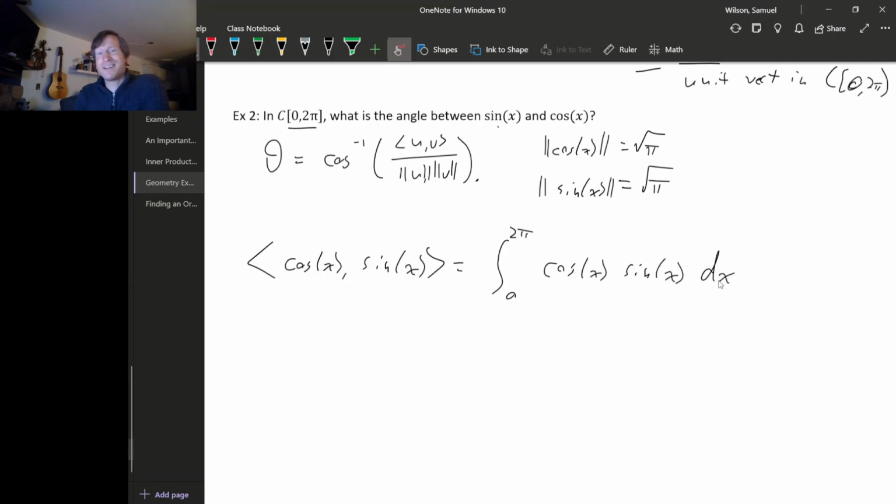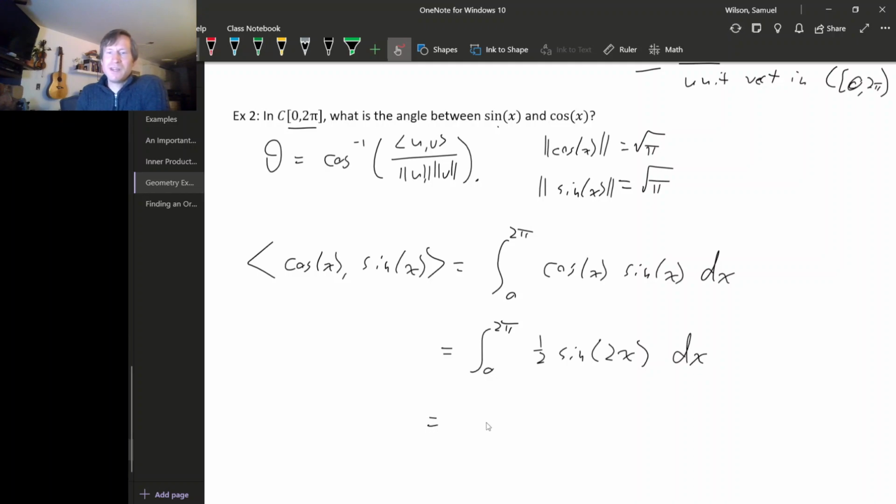We're going to need a trig identity to work this out: sine x times cosine x is 1/2 sine 2x. When we integrate, we get minus 1/4 cosine 2x from 0 to 2 pi. But when we plug in 0 and 2 pi and subtract, we just get 0.